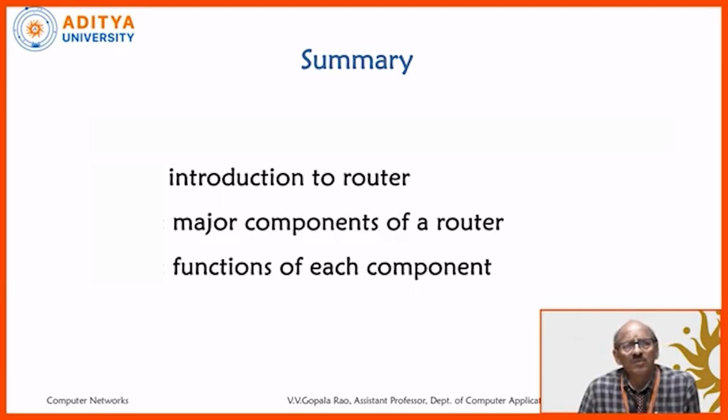Simply speaking, we have identified 4 important components: input ports, output port, the switching fabric, and the routing processor. We know each component's role in the overall router, its mechanism, and its functions. I hope you are clear.